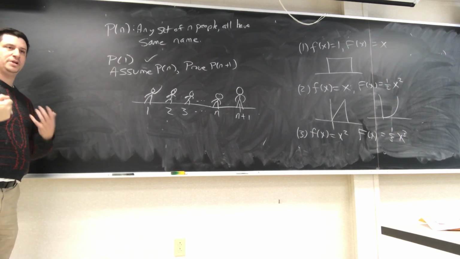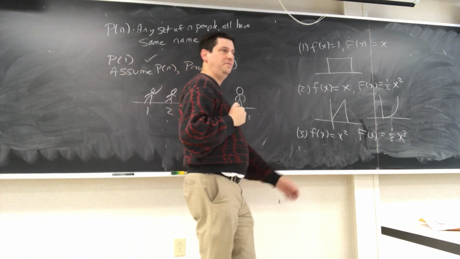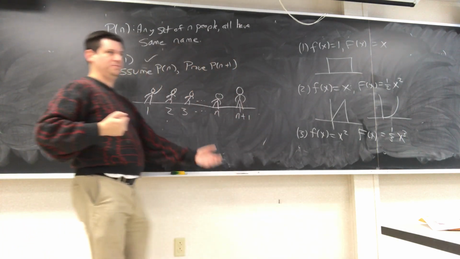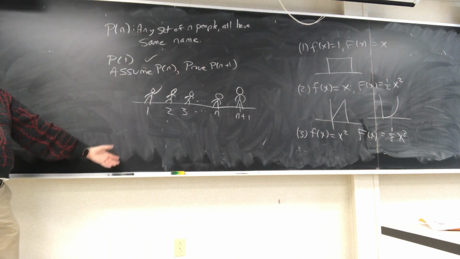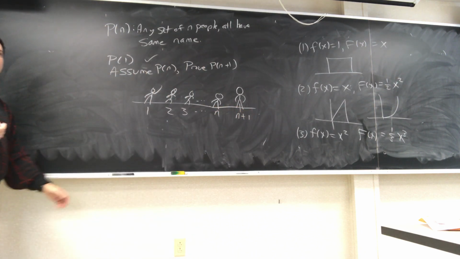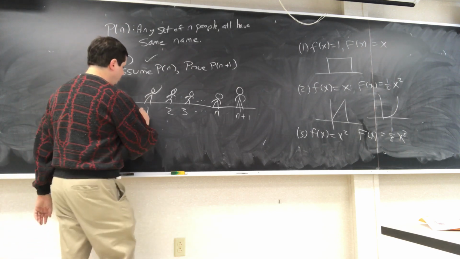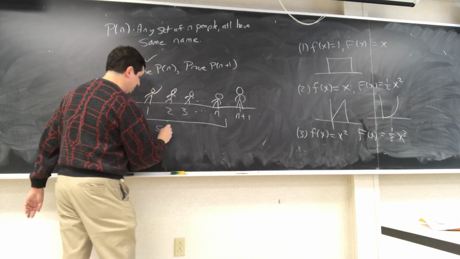Any group of n people have the same name. Can somebody give me a good group of n people to look at? Here are my n plus 1 people. Somebody give me a group of n people. Just cut it off between n and n plus 1. Yeah, so if you look at these people here, they all have the same name.